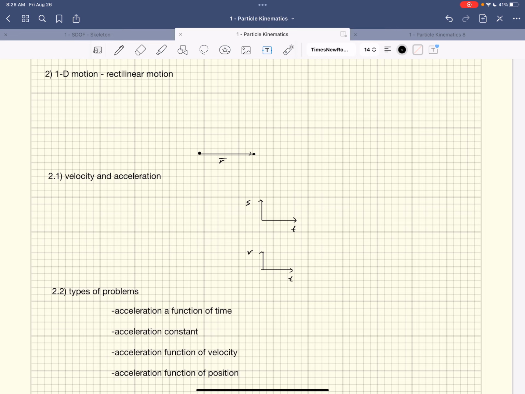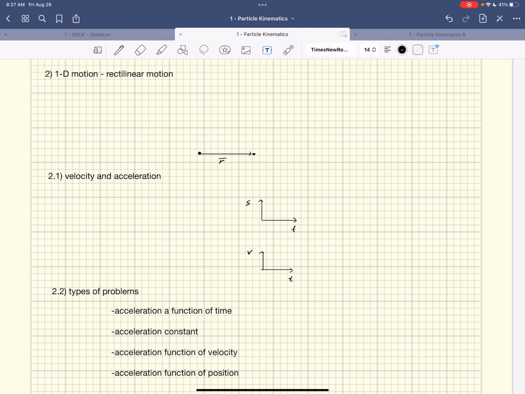Or the opposite: it starts out with position. Here's a position here and here's a position there. What was the velocity in between the two? It's all about moving between accelerations, velocities, and positions, or positions, velocities, and accelerations, going one direction or the other. They're all associated with that.